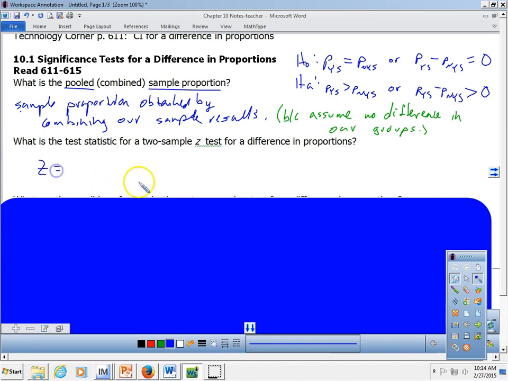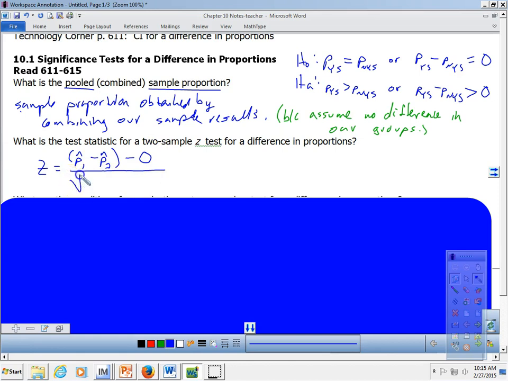So our test statistic is going to be the same, right? I want to know our, and I'm going to leave this notation behind for now, and just talk about group 1 and group 2. So I want to know if there's a difference in my two sample groups, right? I'm going to take that difference and compare it to what I was assuming to be true, is that there's no difference, right? And I'm going to find out exactly how far away this actual sample difference was from what I assumed to be true, which was no difference.